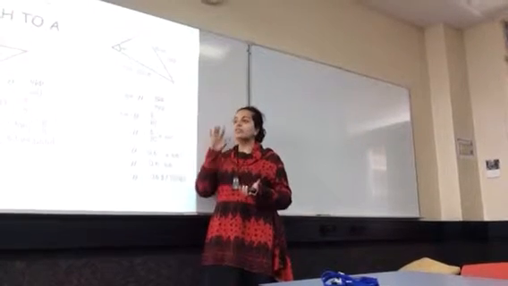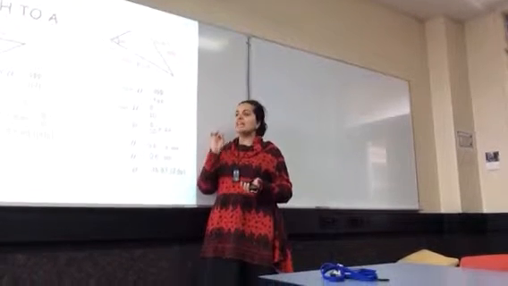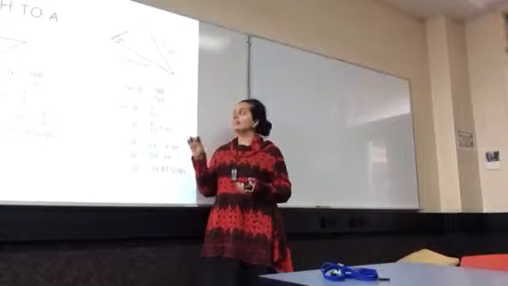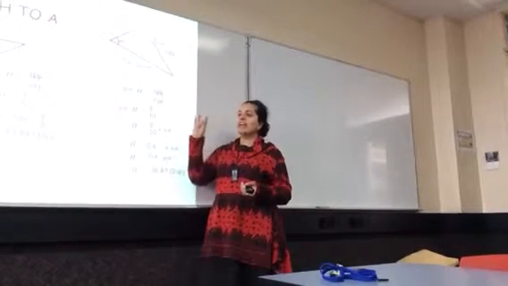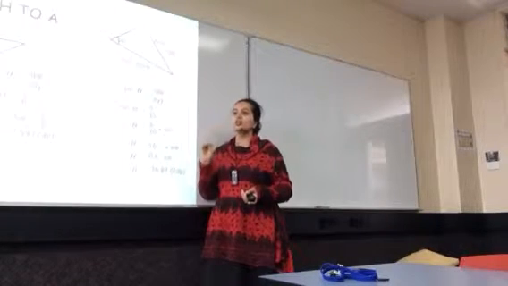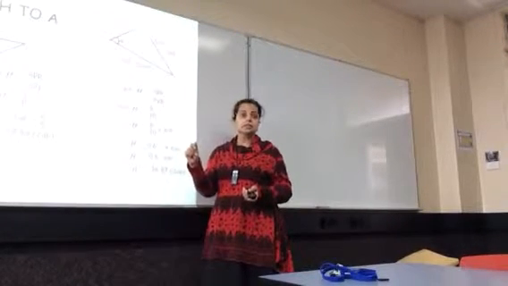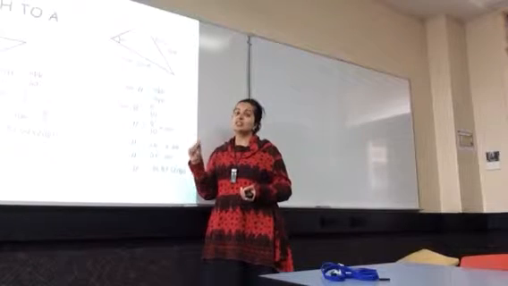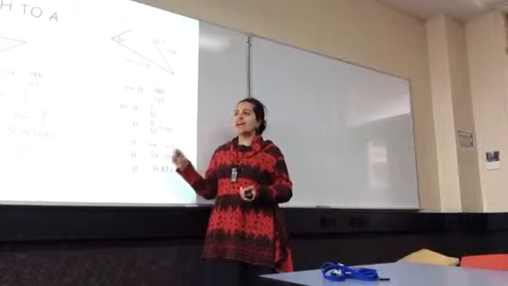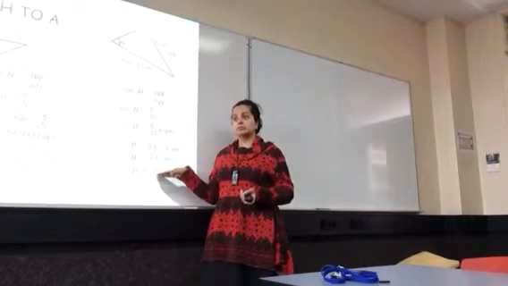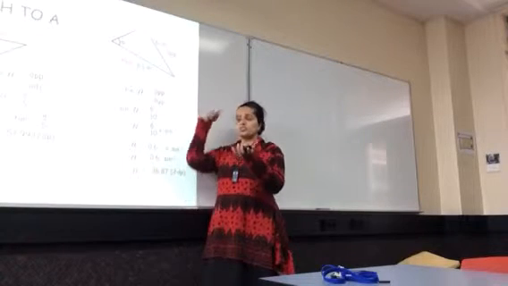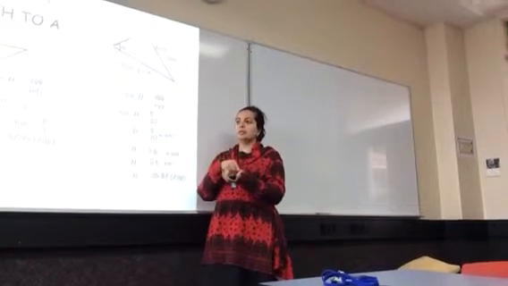You need to read the question. If the final part of the question says, find theta to the nearest degree, then I need to change that. You just press that degree button.